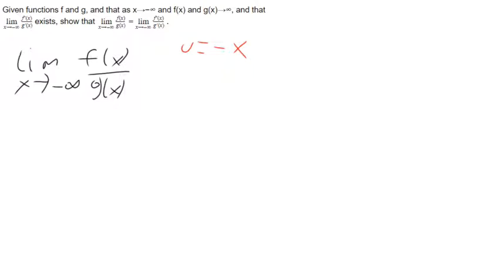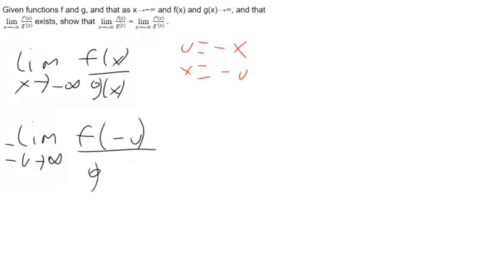Bring the negative to the other side as well: x equals negative u. Well, if u is negative x, then as x approaches negative infinity, u will be approaching positive infinity. So I can say that this is the limit as u approaches positive infinity. For f of x, we have f of negative u, over g of x, which is g of negative u.